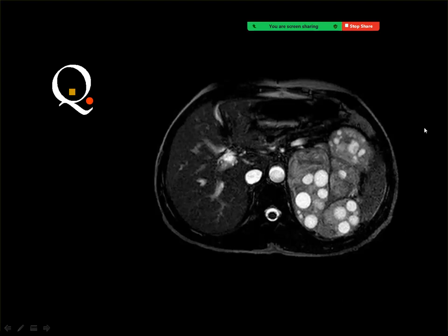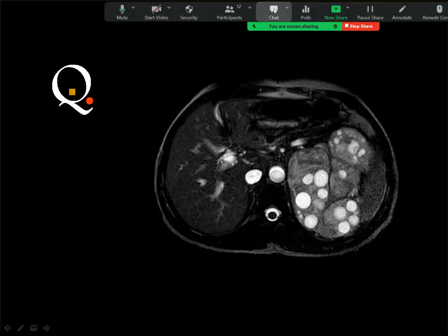In this case, you see a lesion in the region of the left kidney in this MR T2 weighted images with fat saturation.